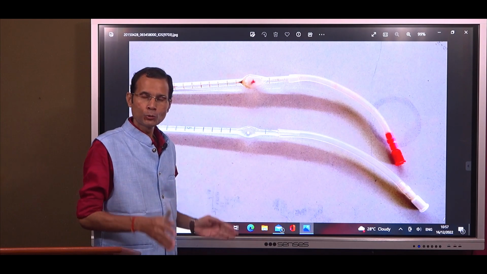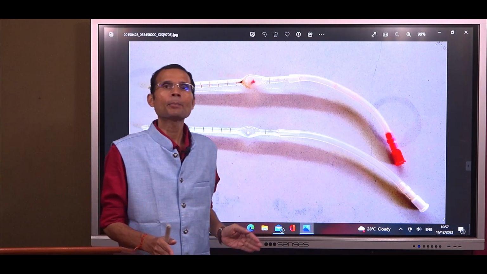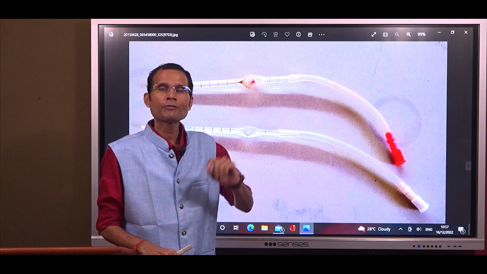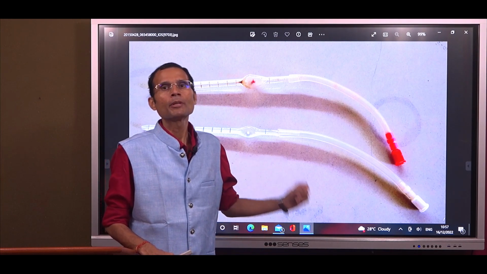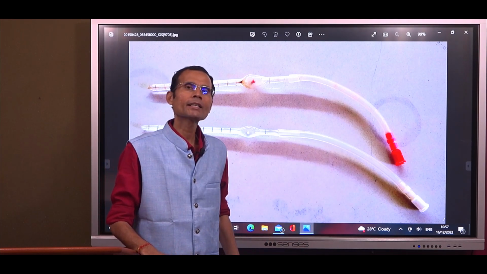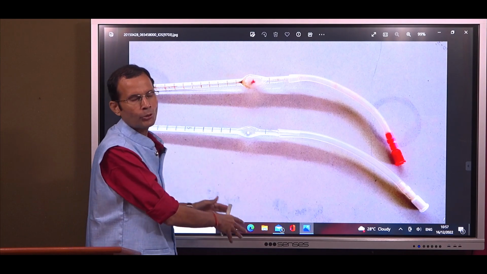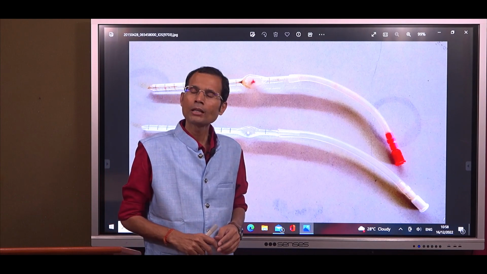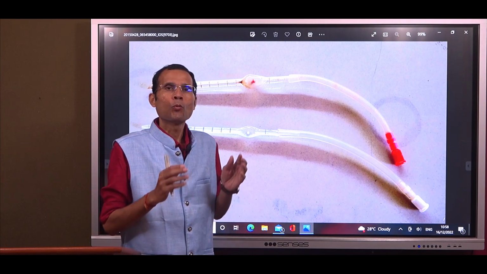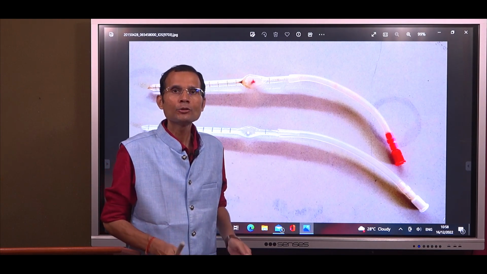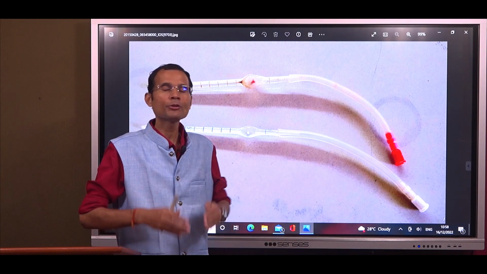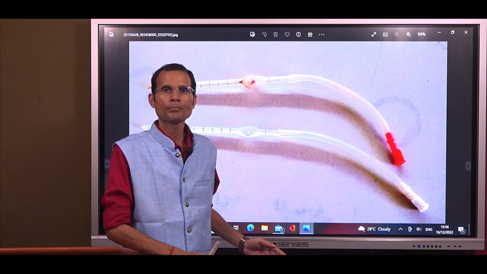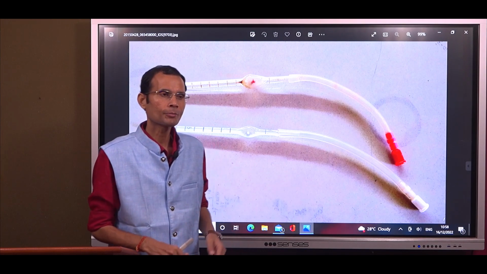These pipettes are used to dilute the blood sample in case of the RBC count or WBC count, or even for platelet count or reticulocyte count, but we are going to focus on RBC and WBC pipettes. The question is, why do you need the dilution of blood? Why do you have to dilute the blood sample for the RBC or WBC count?